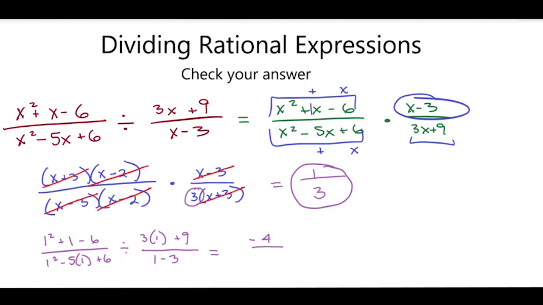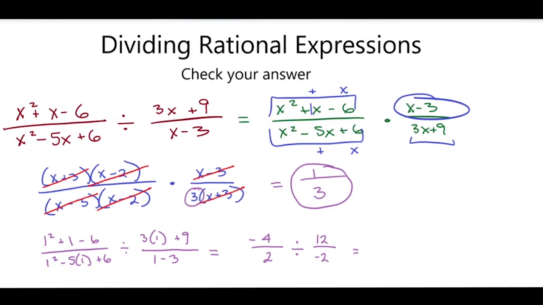Then 1 squared is 1, 1 minus 5 is -4, -4 plus 6 is 2. Divided by, well, 3 times 1 is 3, 3 plus 9 is 12 over 1 minus 3 is -2.